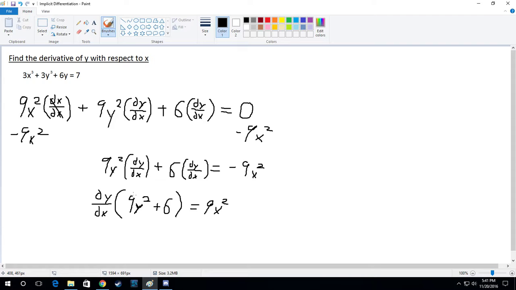So this is the equation that we have to work with, and then finally, to get dy dx alone, you have to divide both sides by 9y squared plus 6.